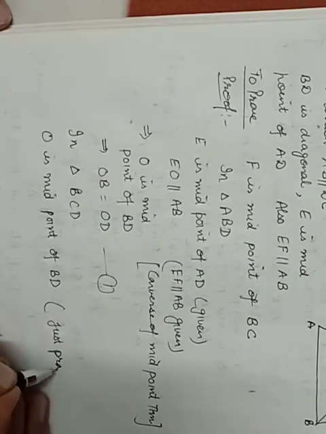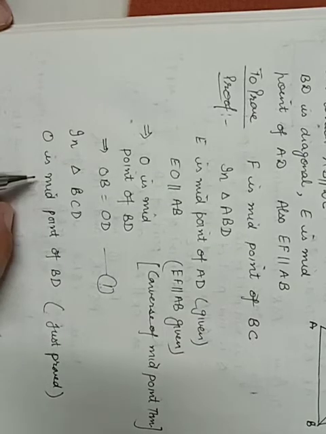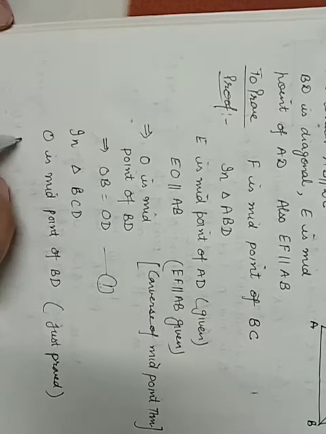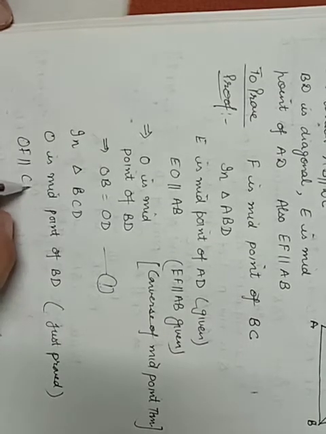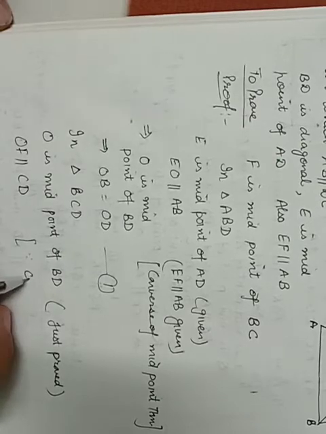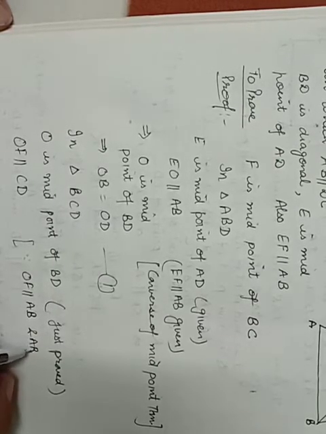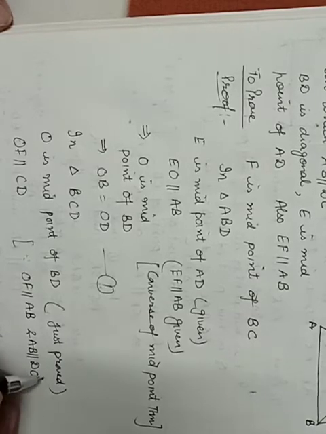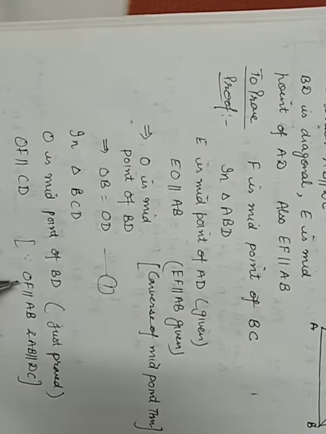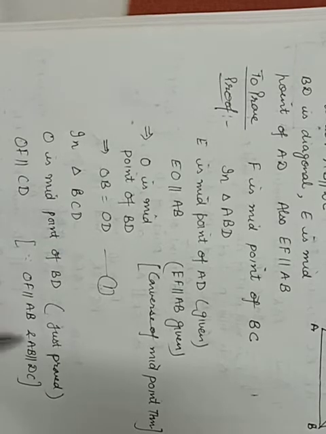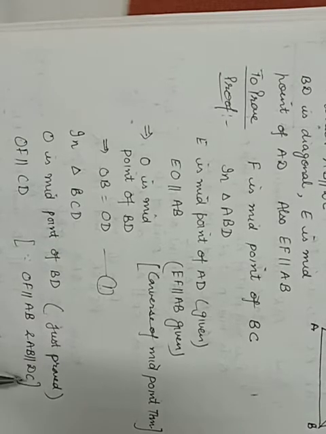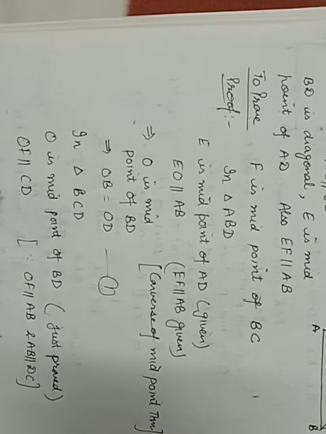We can write, just proved above, and OF will be parallel to CD because OF is parallel to AB and AB is parallel to CD or DC. Then if two lines are parallel to the same line, then they are parallel to each other. So OF and CD or DC are parallel to each other.